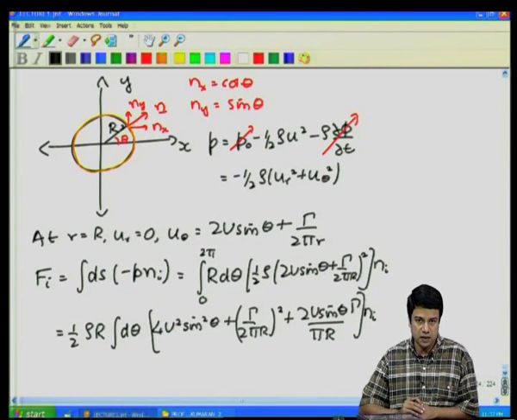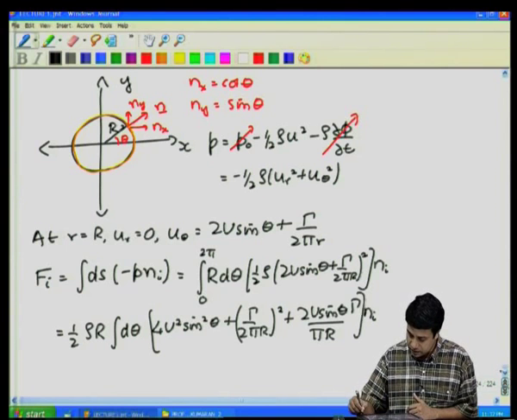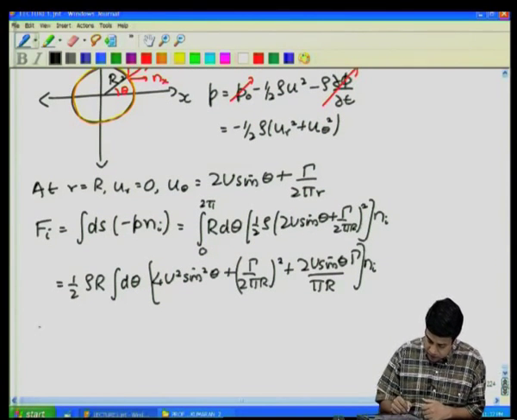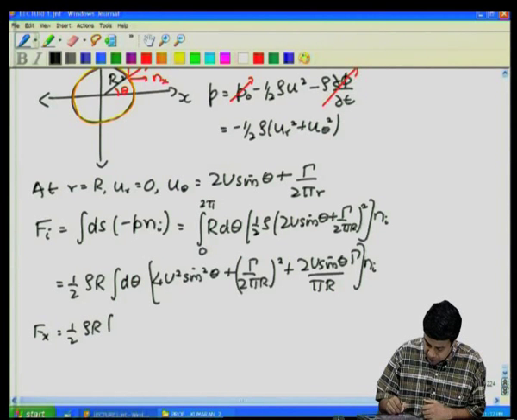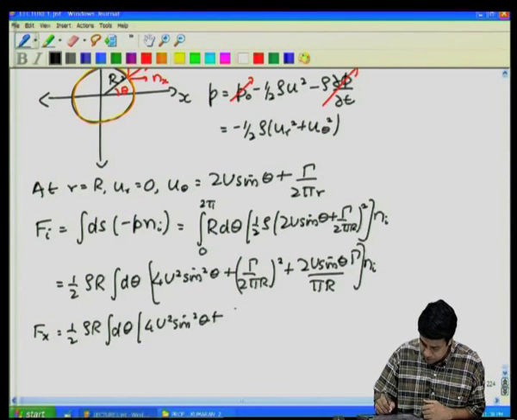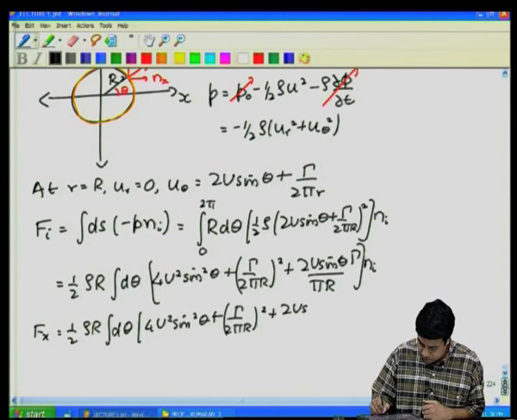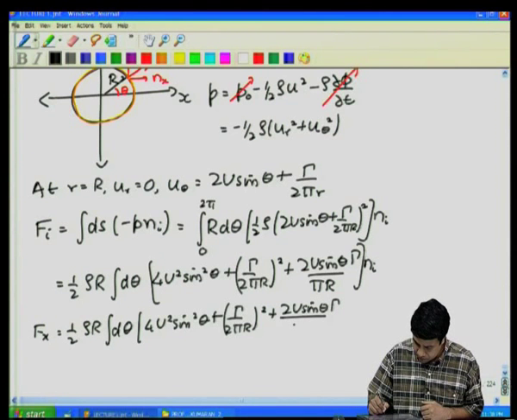For the force in the y direction, Ny is equal to sin theta. So, therefore, Fx is equal to half rho r integral over theta of the bracket into cos theta.